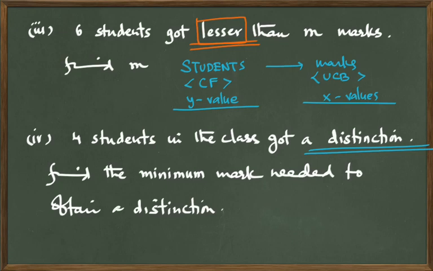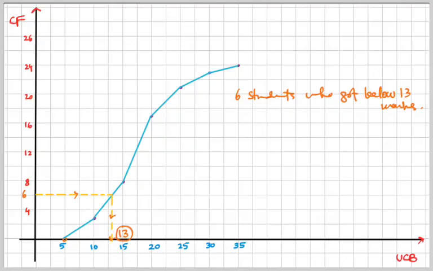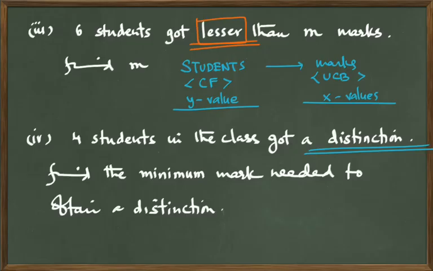Now, if 4 students got a distinction, and if I go to this 4, that does not make any sense. Is the class getting a distinction on maybe 11 or 12 marks? Of course not. So what is the flaw in my working? The flaw is that those 4 people should be getting above a certain mark.